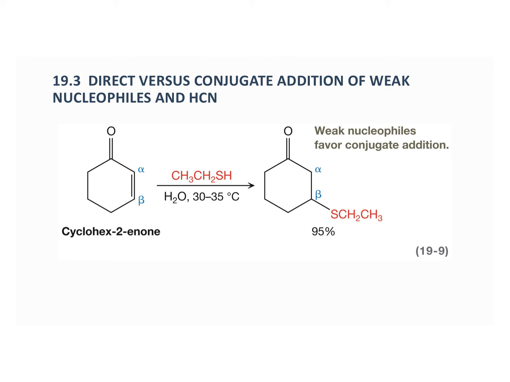Now, like negatively charged nucleophiles, uncharged nucleophiles can attack alpha beta unsaturated carbonyls at 2 locations. So we saw this in the last chapter and it's back again. So you can get the direct addition product, which we also talked about as the 1,2 addition product. And you can also have an attack at the beta carbon to give the conjugate addition product, which is the 1,4.